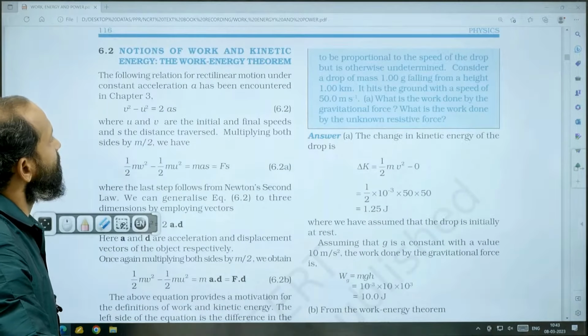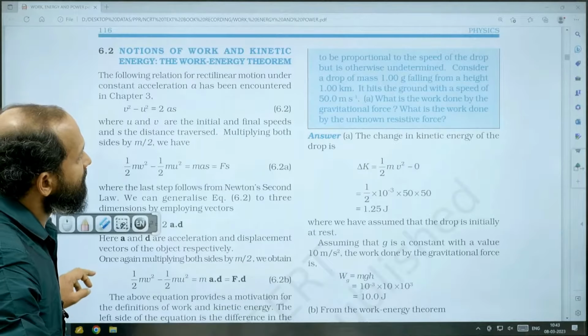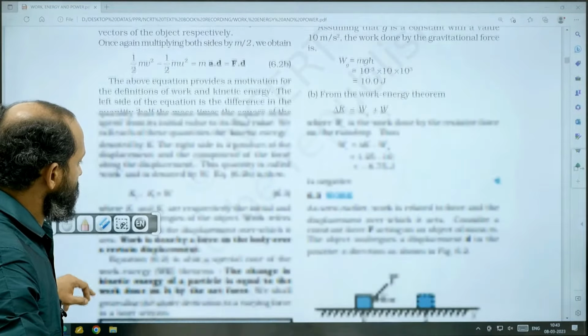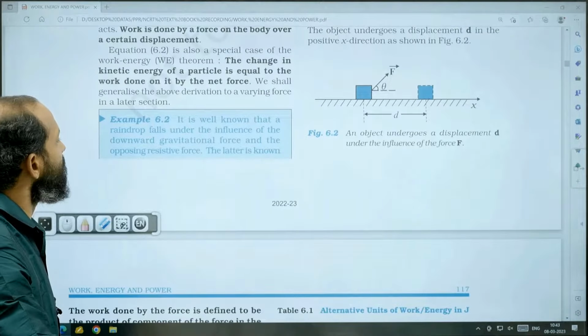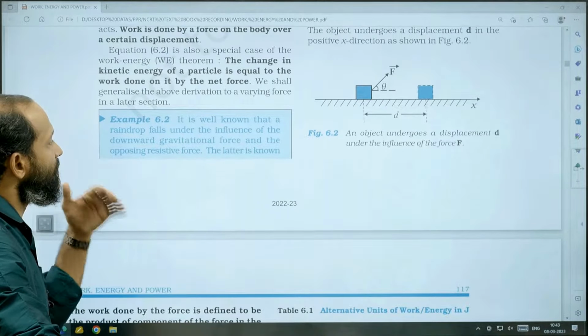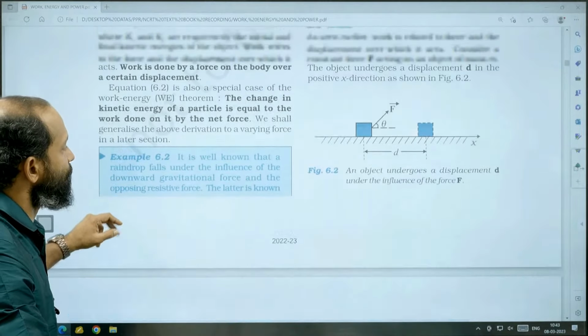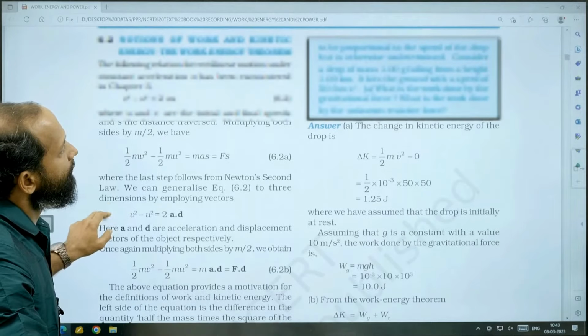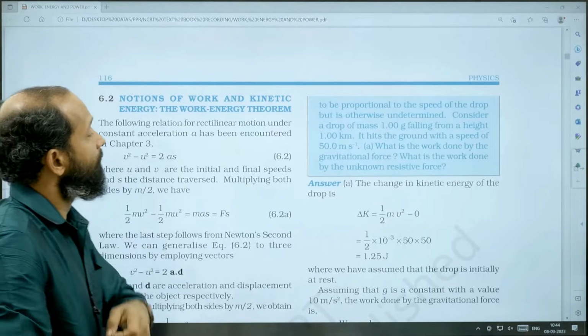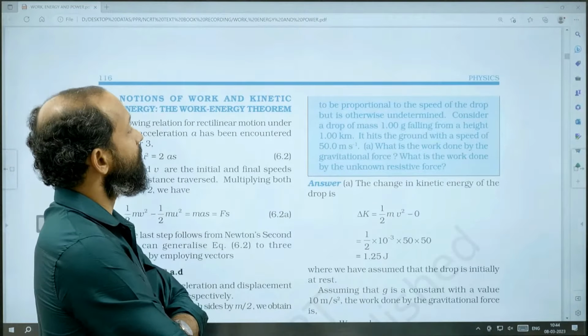See this. We have an application of the work energy theorem here. Example 6.2. It is well known that a raindrop falls under the influence of a downward gravitational force and an opposing resistive force, and that resistive force is proportional to the speed of the drop.